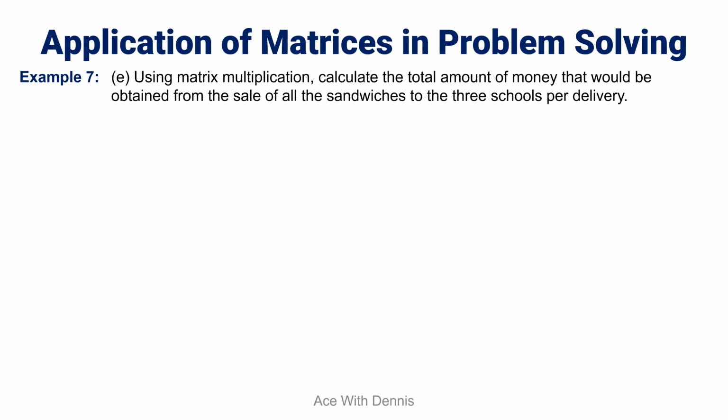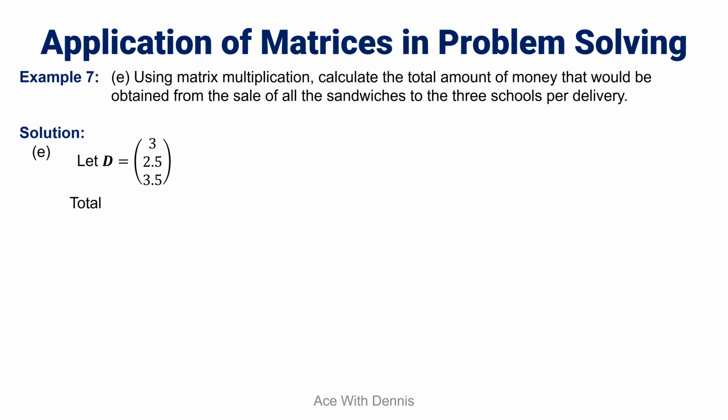Question E. Using matrix multiplication, calculate the total amount of money that will be obtained from the sale of all the sandwiches to the 3 schools per delivery. Here's the solution for E. Now let D be the prices for each type of sandwich. So it's 3, 2.5, and 3.5.